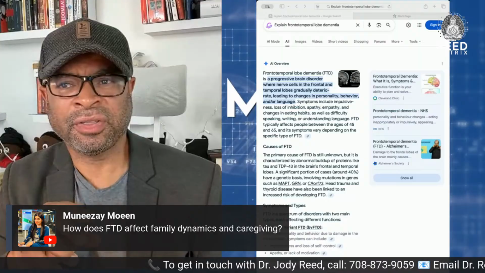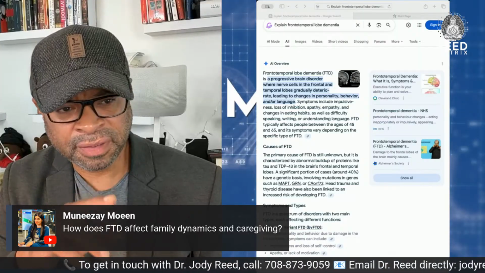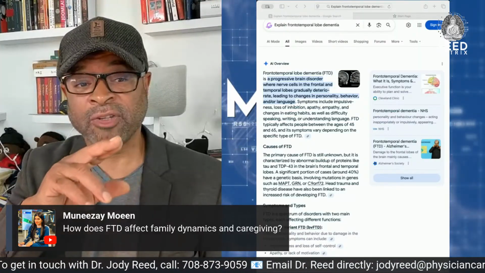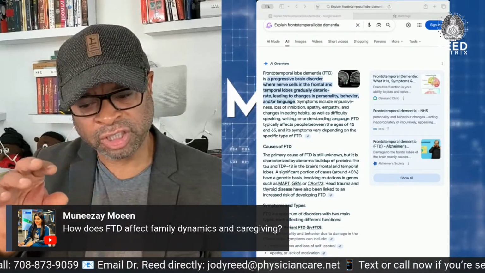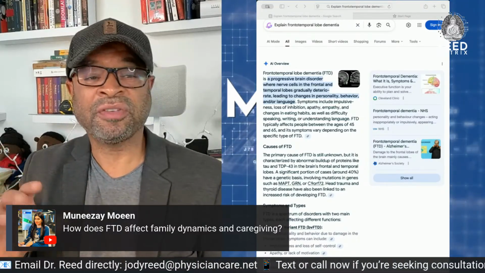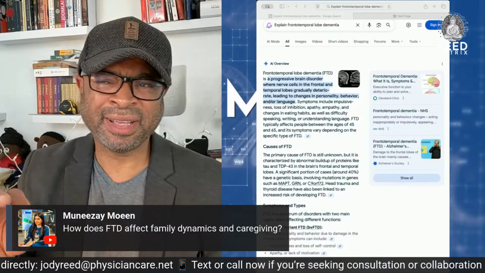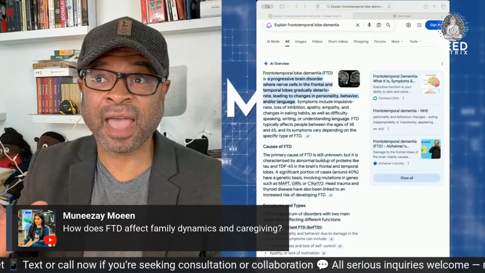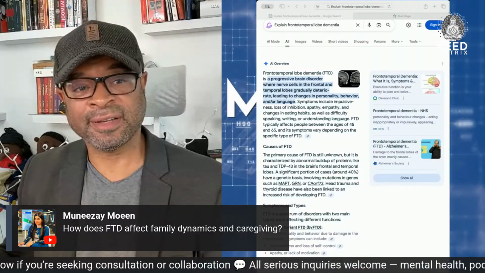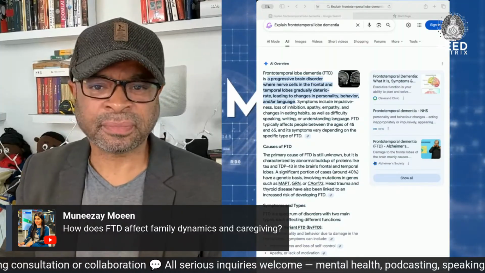In all the other diseases, there's a slow, gradual decline, right? A gradual progression over time. And so the family's history would be like, yeah, she started forgetting her keys, then she started forgetting her purse, and then she started leaving the house, and then she started disappearing, things like that.